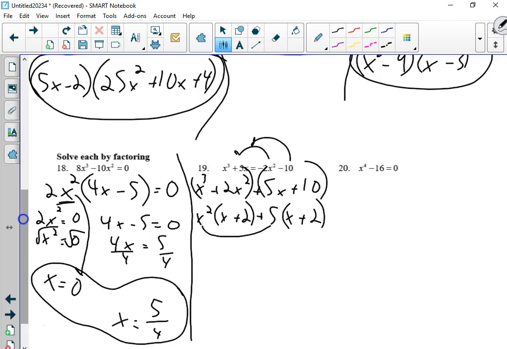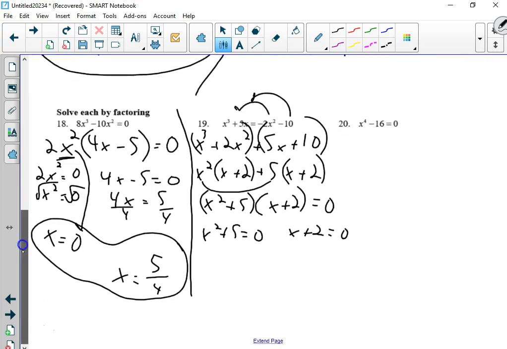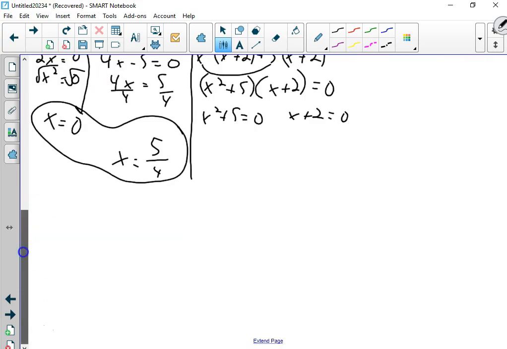Now, unlike number 17, I'm not finished at this point. I actually need to solve this. So, I set x squared plus 5 equal to 0, and x plus 2 equal to 0. I subtract 5, x squared equals negative 5.